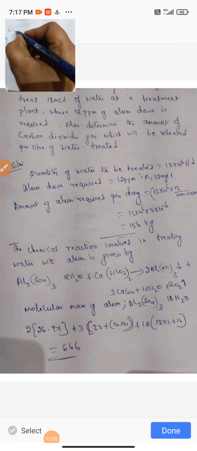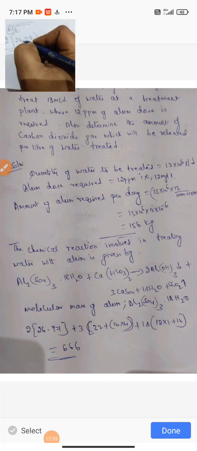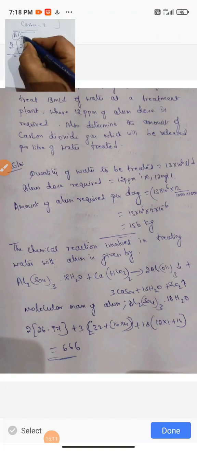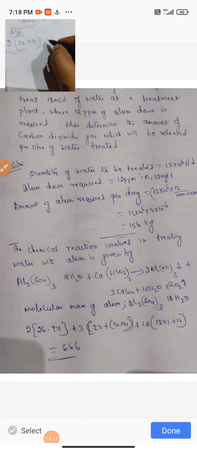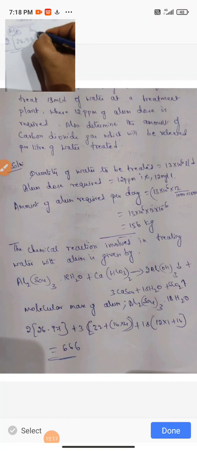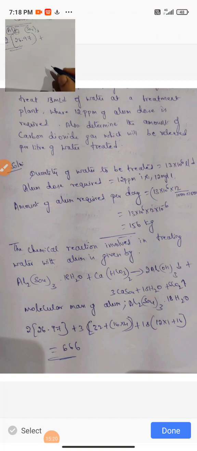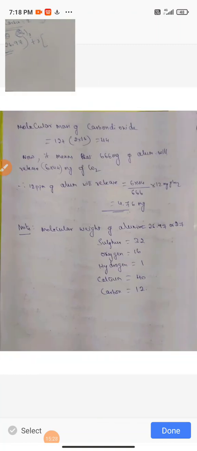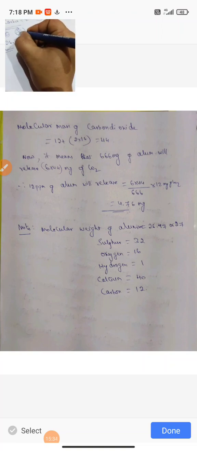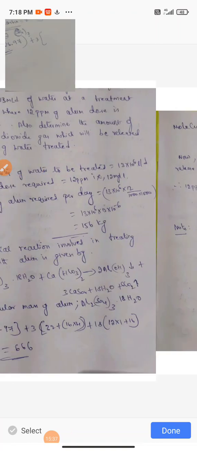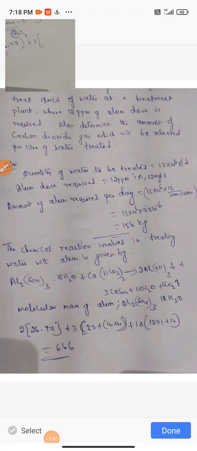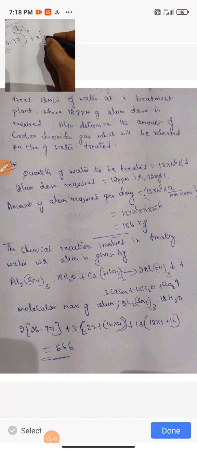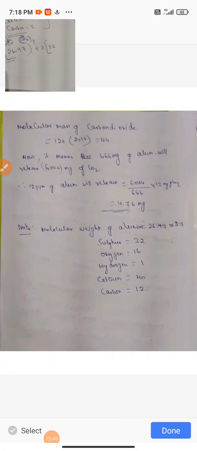Al2, aluminium molecular weight is 26.97 multiplied with 2, plus Al2(SO4)3. So thrice it should be multiplied with the sulfate, that is the SO4. The S is different and the oxygen is different. So for S, sulfur, what is the molecular weight? It is 32.